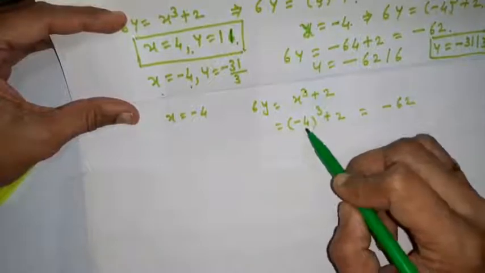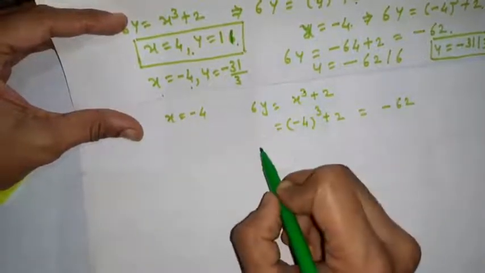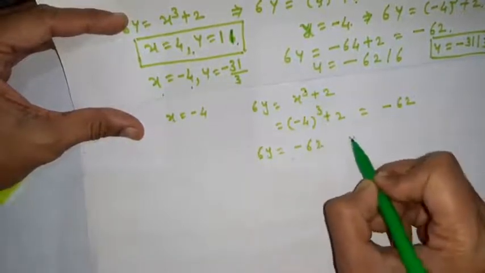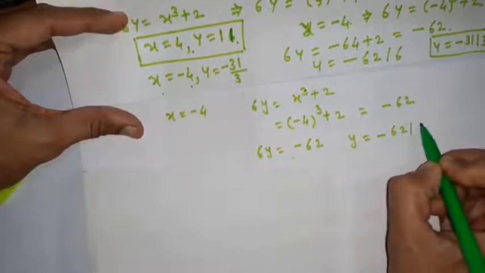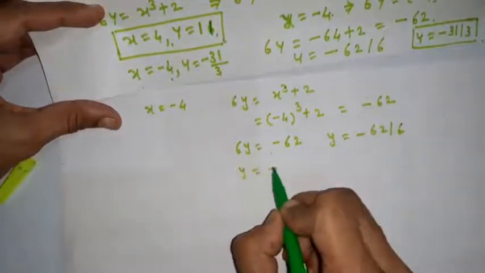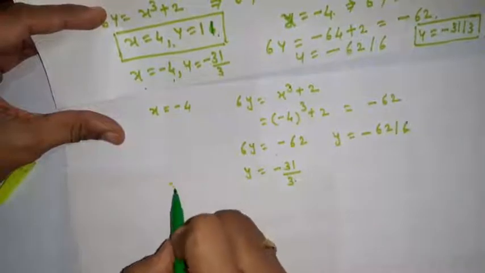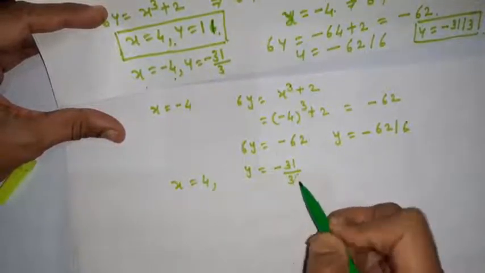Okay students, minus 64 plus 2 is minus 62, and that is 6y equal to minus 62. This implies y equal to minus 62 upon 6, and therefore y equal to minus 31 upon 3. Hence when x equal to minus 4, y equal to minus 31 upon 3.